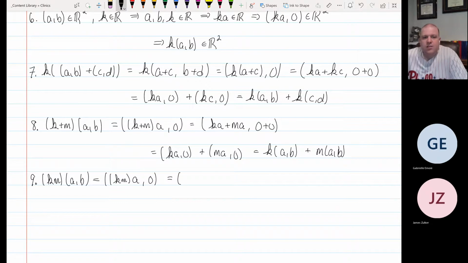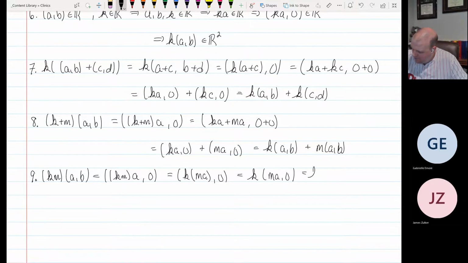We're dealing with real numbers. Multiplication of real numbers is associative, so grouping doesn't matter. So this is the same as K times MA, and then 0, which would be K, MA, 0, which would be K times M times AB. So the ninth axiom is satisfied.